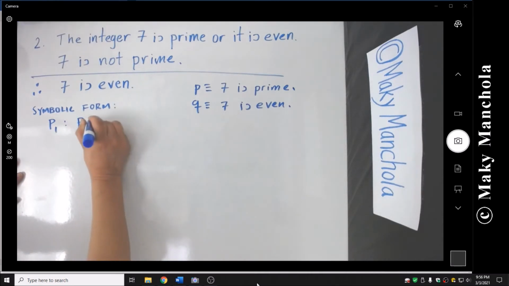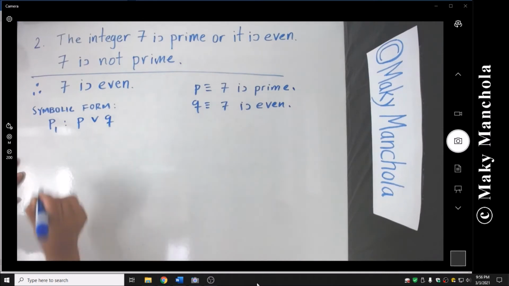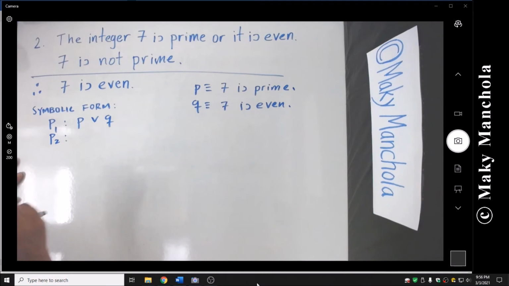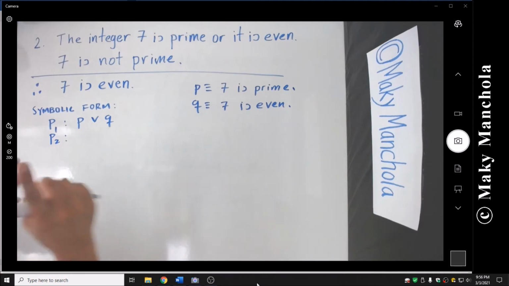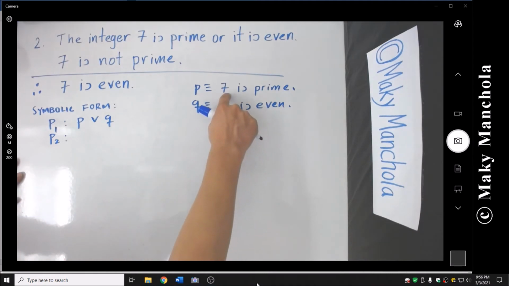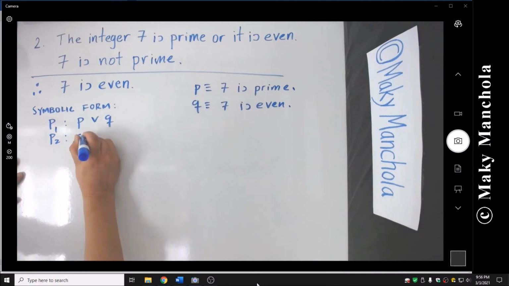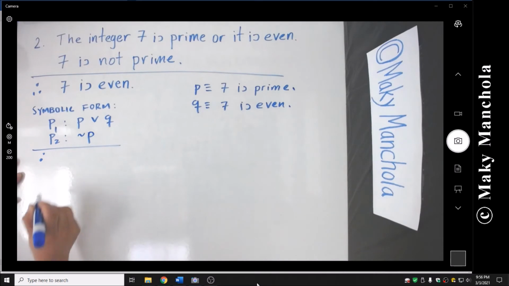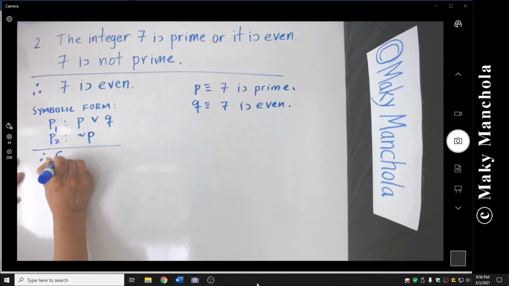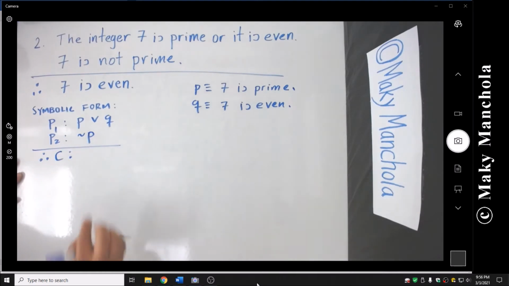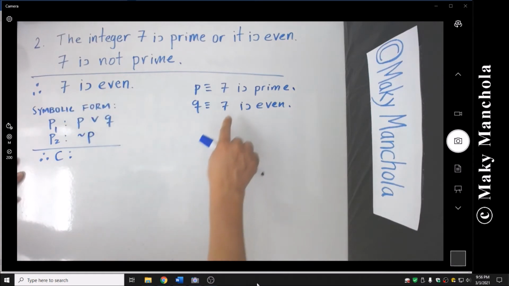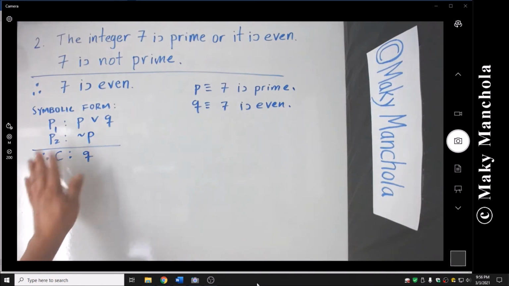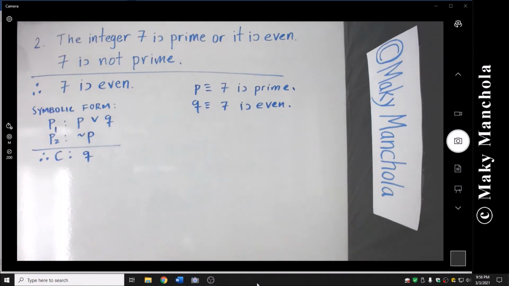So it's P or Q. Our second premise says that 7 is not prime. So that's the negation of P. Therefore, conclusion, which says that 7 is even, which is Q. Okay, so this is our symbolic form for our given argument.